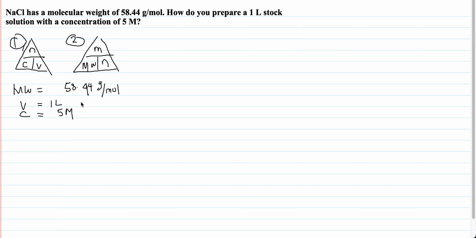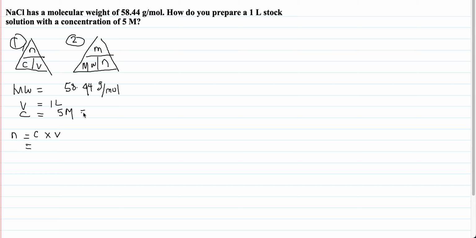So to figure out how many grams we need of the sodium chloride, we first need to plug these values into the first formula to find the number of moles of sodium chloride that we need to make up the 5 molars of stock solution. For this, we need to multiply the concentration with the volume that we want to make up the stock in.